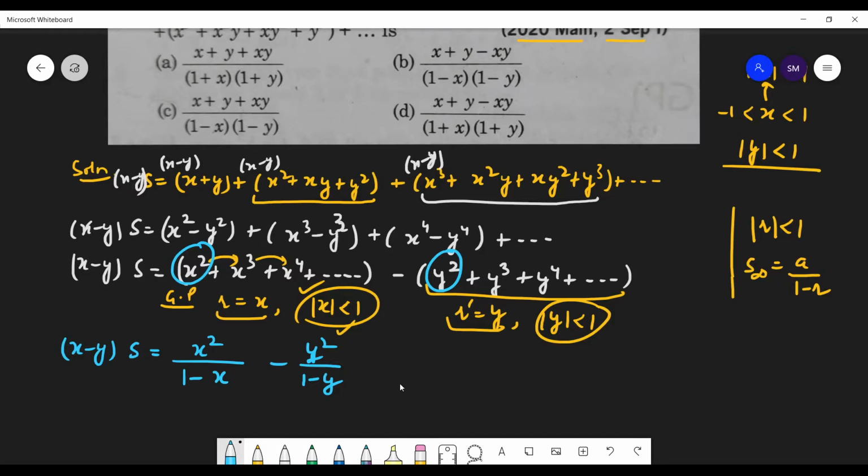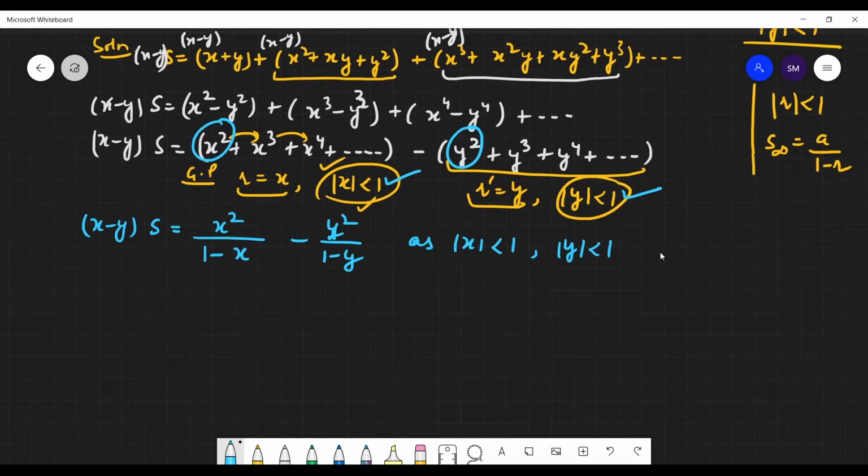You can only write this if you have these two conditions: the common ratio of both the series is between -1 and +1.